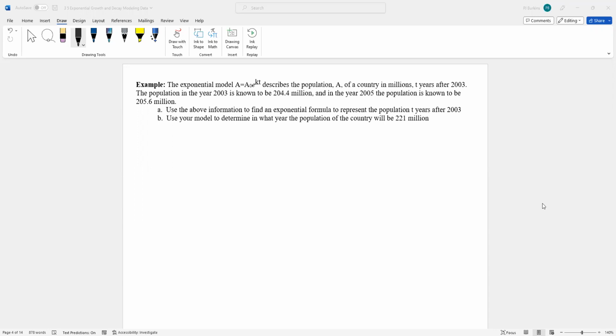So that means that we get an ordered pair, right? Because they use A, let's say T, A of T is our ordered pair. So for 2003 and 204.4 million, this is going to be T equals 0 and 204.4.